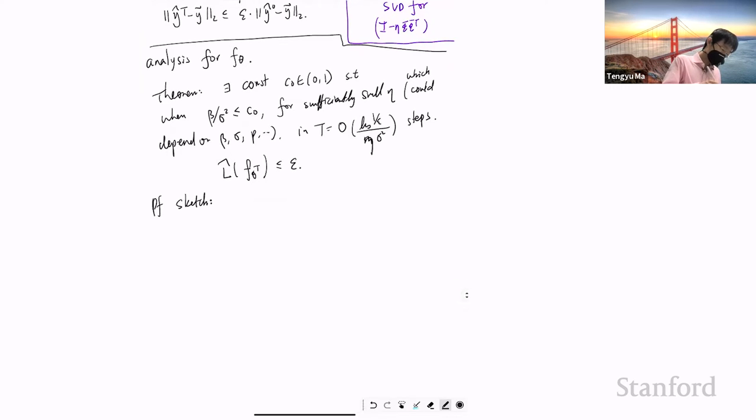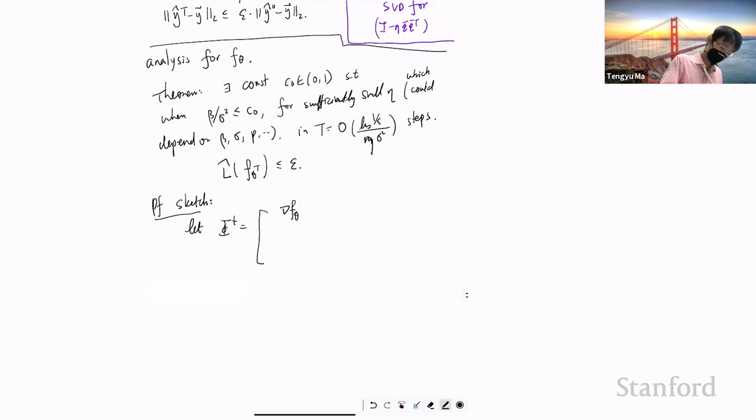By the way, this is a proof sketch because I'm going to omit some small technical details, which are not super important. The important thing is that you have a changing phi. This is the difference in neural networks compared to the linear regression case. You'll see why this is the case.